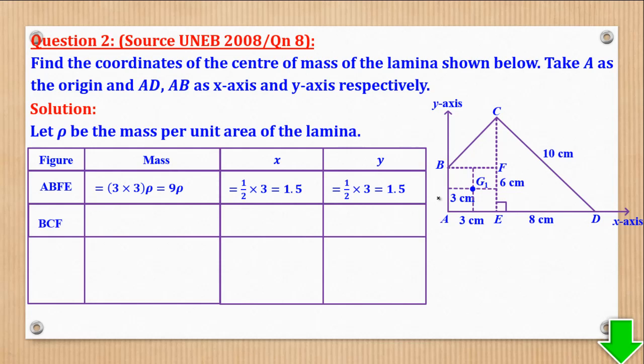The next will be now triangle BCF, this one. So area is a half base height times rho to give you 4.5. Then the center, remember you drop a median. So therefore from here to here, remember I'm measuring from this. We begin with x value. So for x value I'm measuring from here up to here.